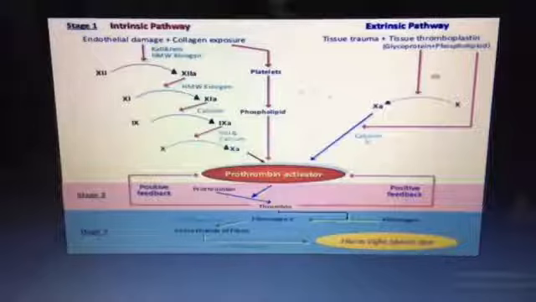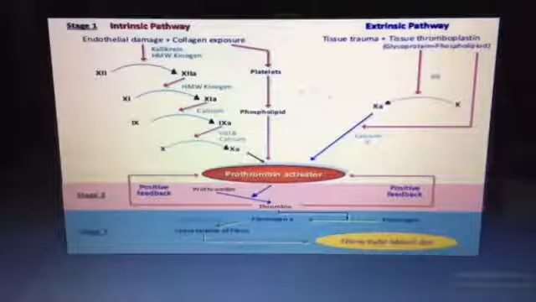So this is called the positive feedback effect of thrombin. You have seen this positive feedback, I think, in metabolism.